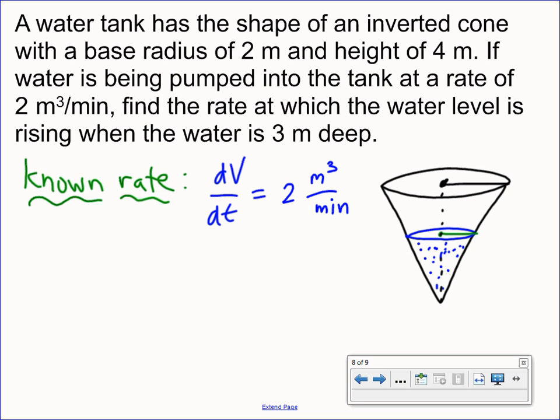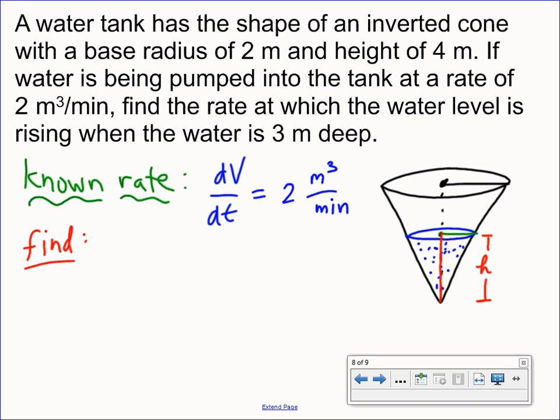Awesome. And what rate am I trying to find? Looks like we're trying to find the rate at which the water level is rising when the water is 3 meters deep. So it looks like we need some more variables here. We need the water level.